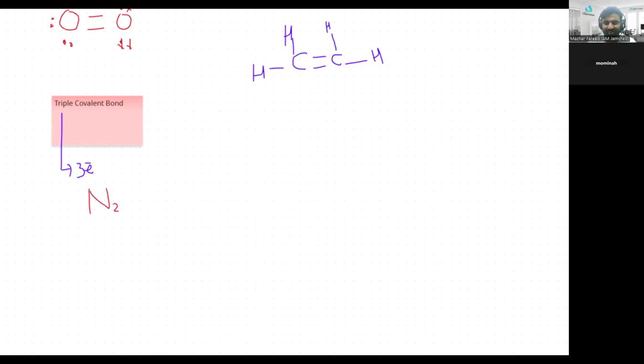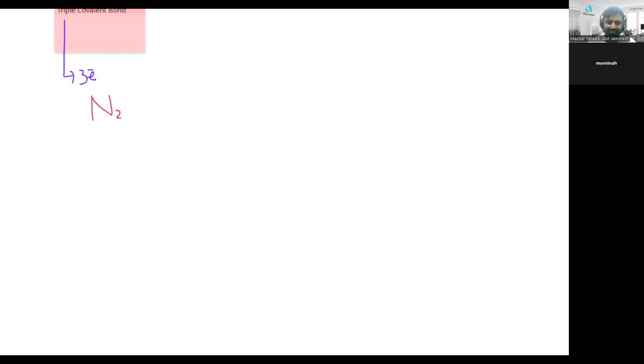Is there a triple covalent bond present or not? The atomic number of nitrogen is 7. You know. So how many electrons are present in the valence shell of nitrogen? 5.